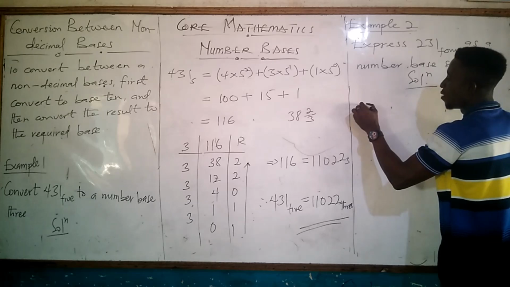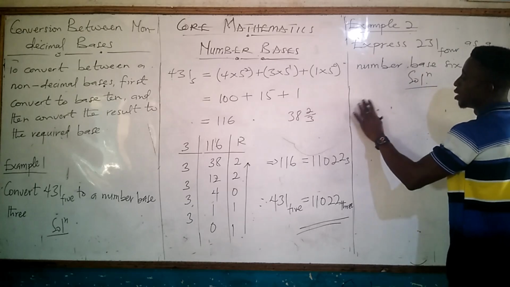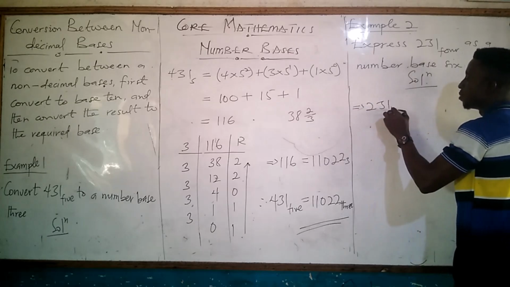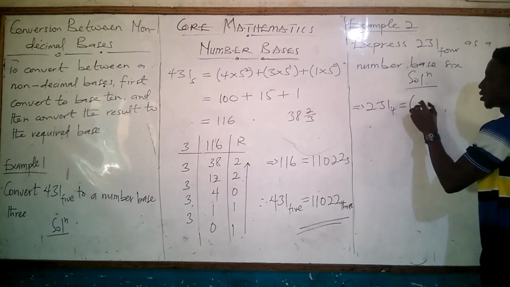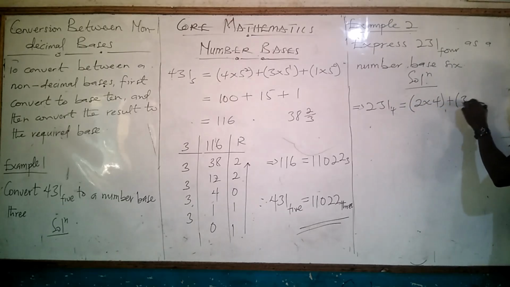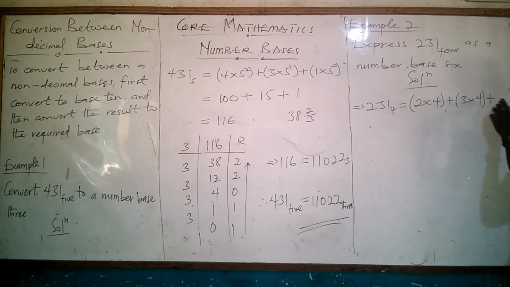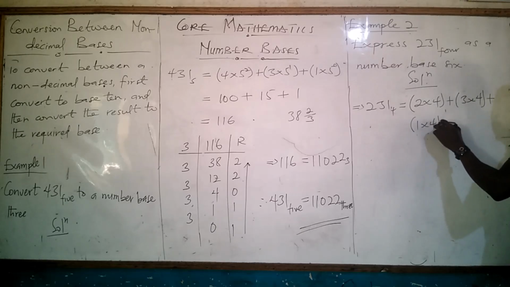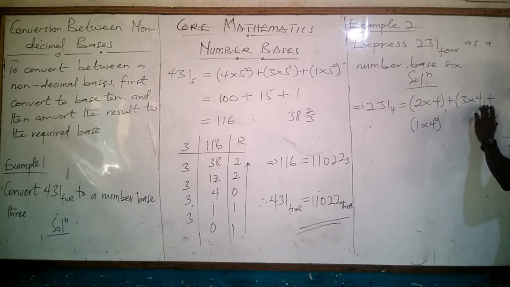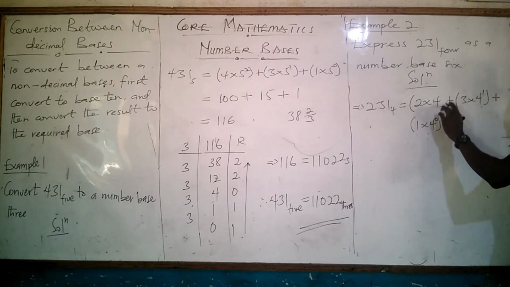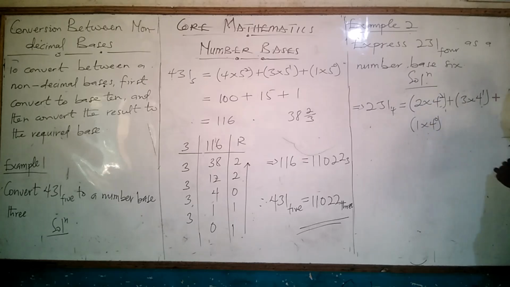Okay, so I'll have 2, 3, 1. So this implies that 231 base 4 is equal to 2 times 4 squared plus 3 times 4, then plus 1 times 4 to the power 0.